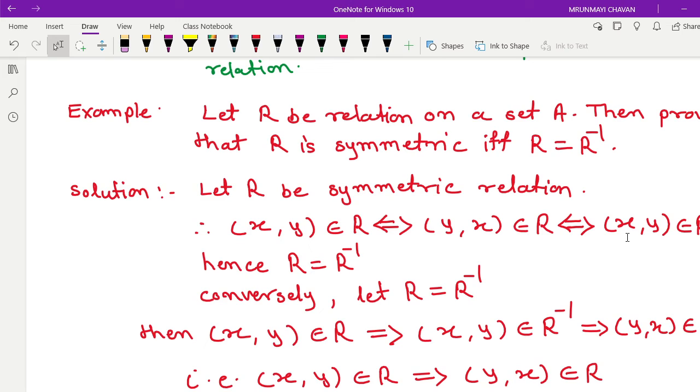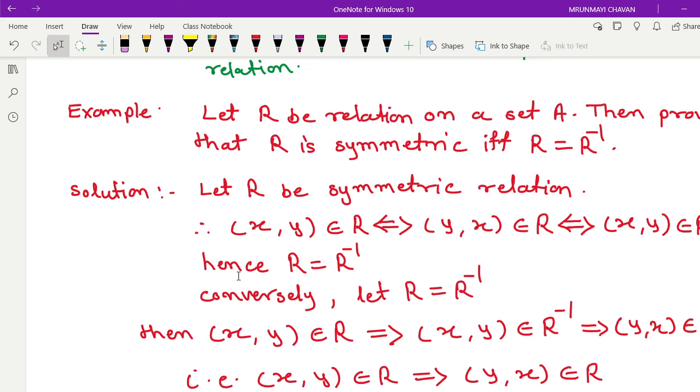This implies that (x, y) belongs to R inverse. So this is implies and implied by: (x, y) belongs to R implies that (y, x) belongs to R, or (y, x) belongs to R implies that (x, y) belongs to R.